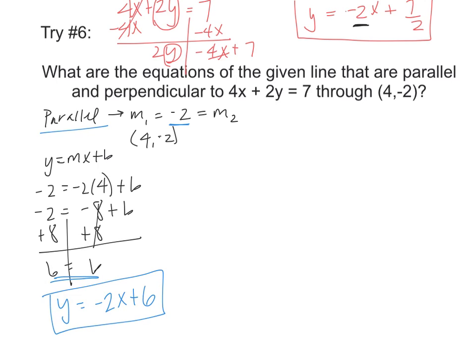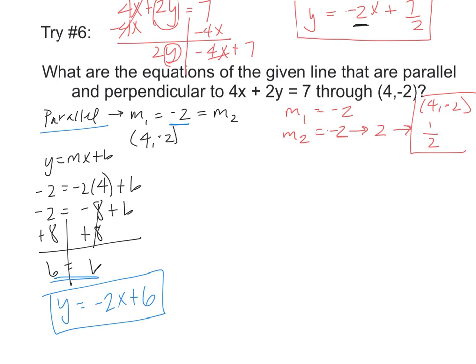Now let's practice with perpendicular. Remember, with perpendicular, our original slope is negative 2, but our new slope has to be the opposite reciprocal of that. So the opposite of negative 2 is positive 2, and the reciprocal of positive 2 is 1/2. So we're going to use that slope and again the ordered pair for negative 2 to write our new equation.